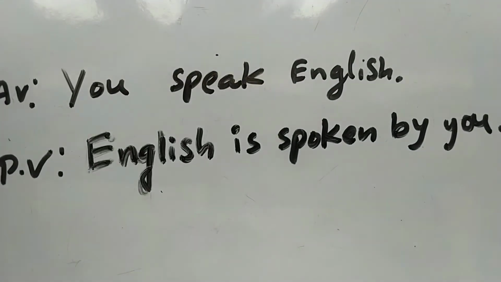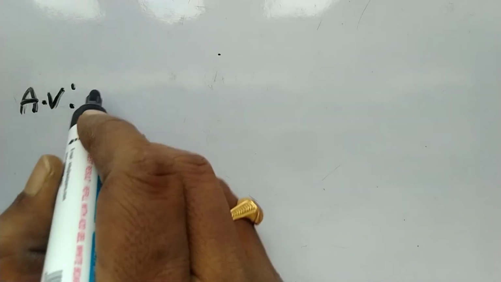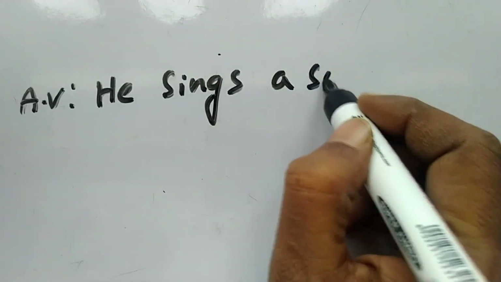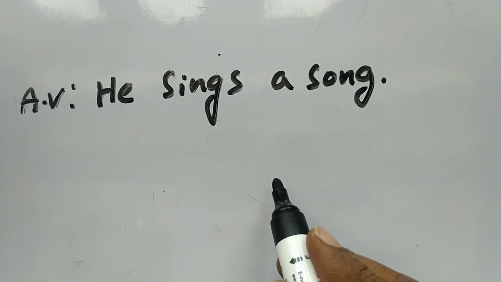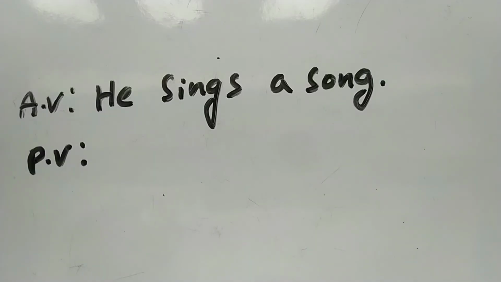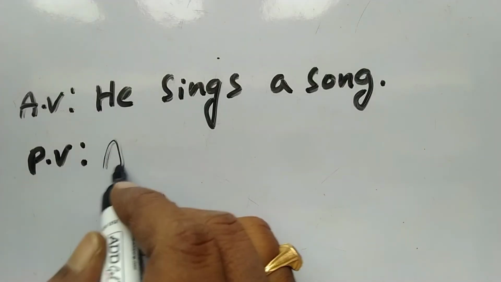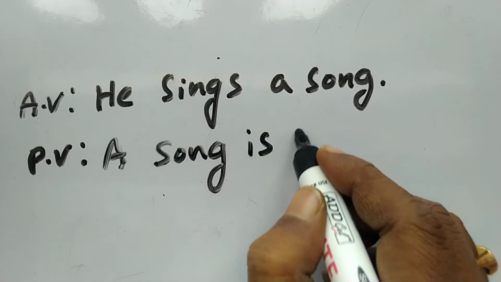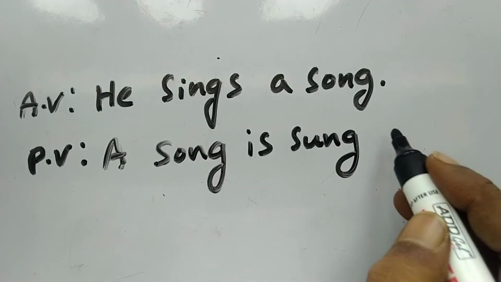Next, for example, he sings a song. This is given in the active voice. Now we have to change into passive. A song is sung by him.